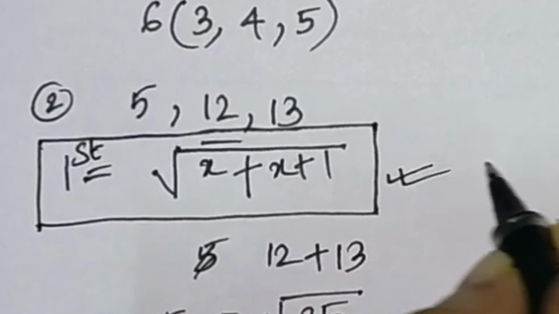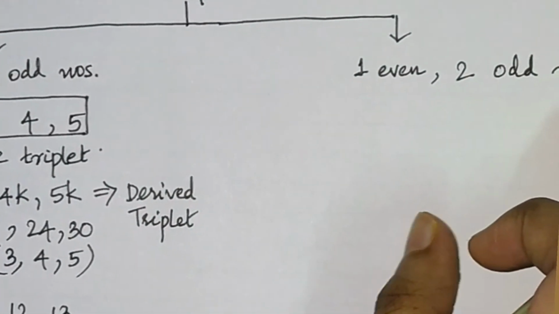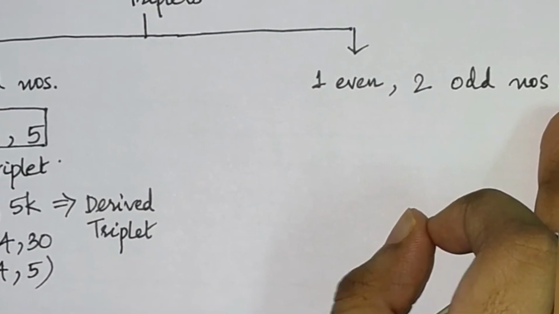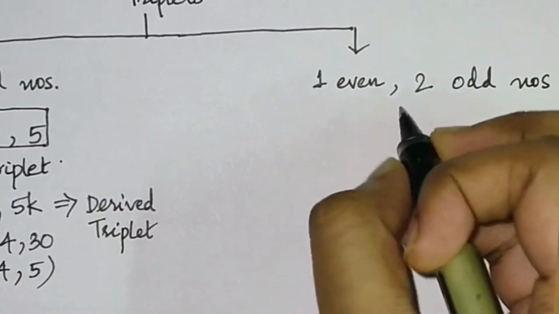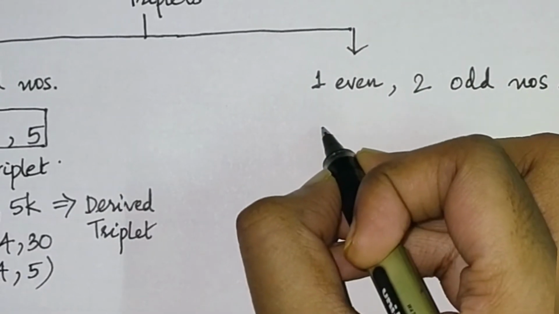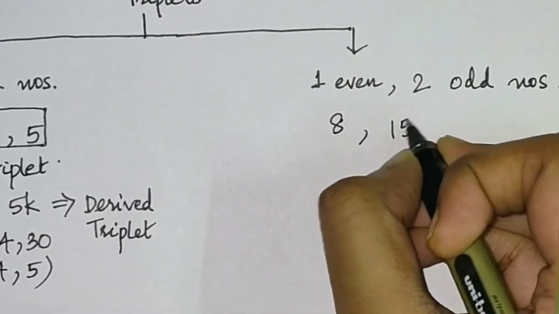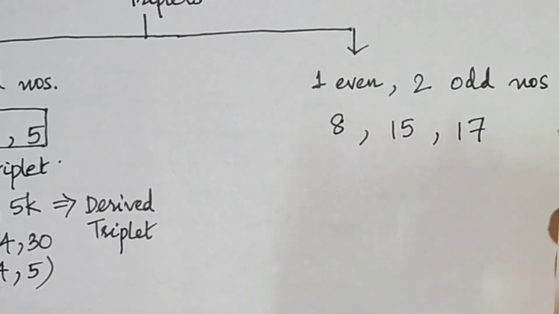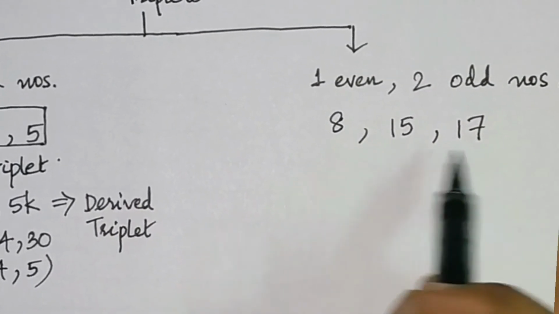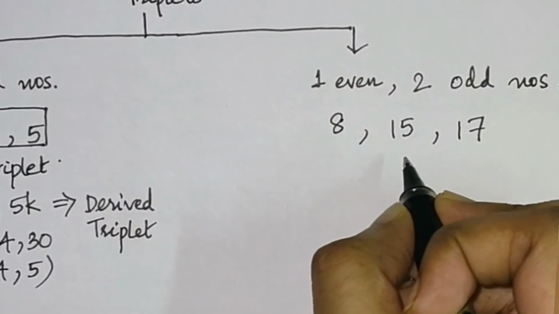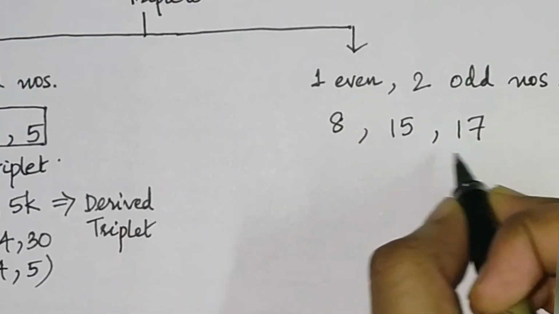Moving on to one even and two odd number triplets. Here the first one, which we can take as the base triplet, will be 8, 15, 17. Again you can see a pattern forming: the second number and the third number have a difference of 2.